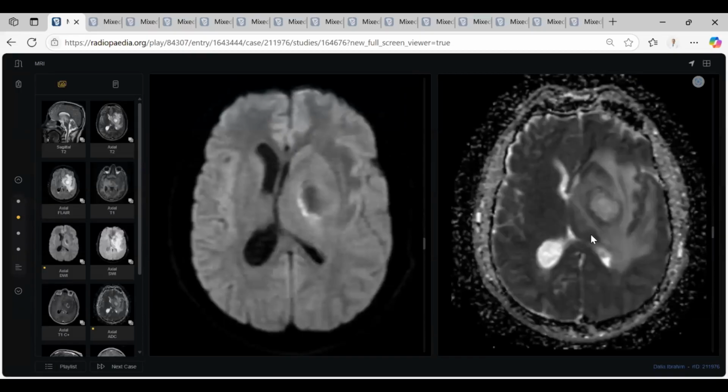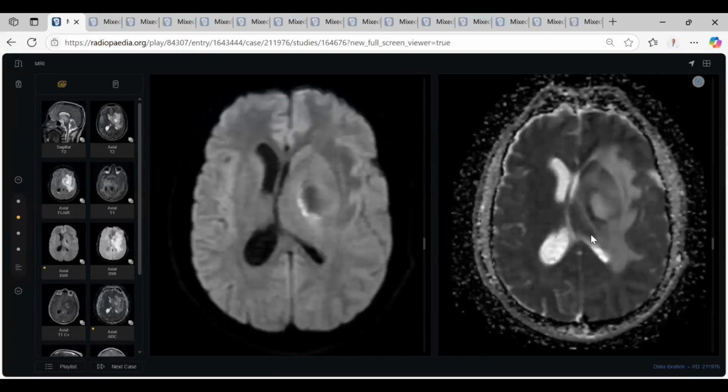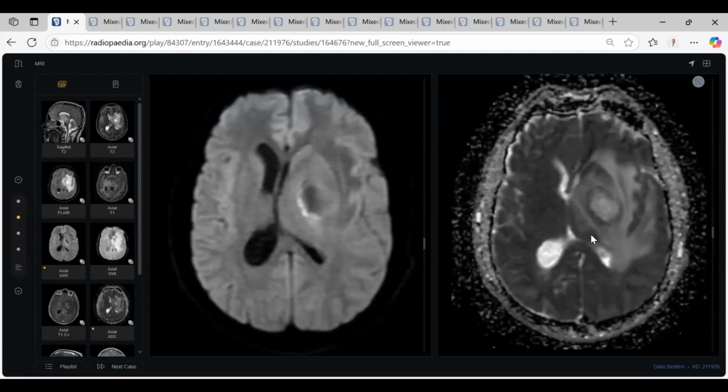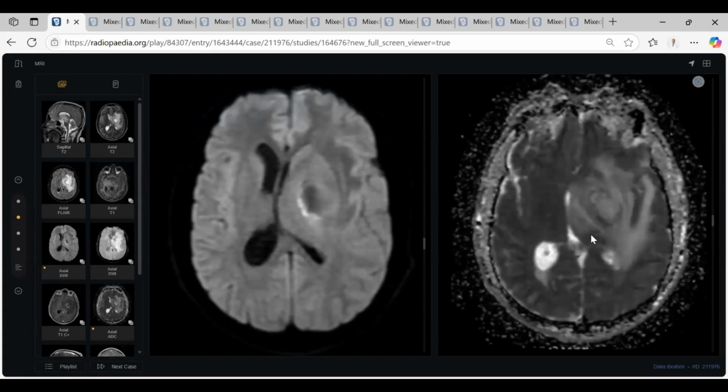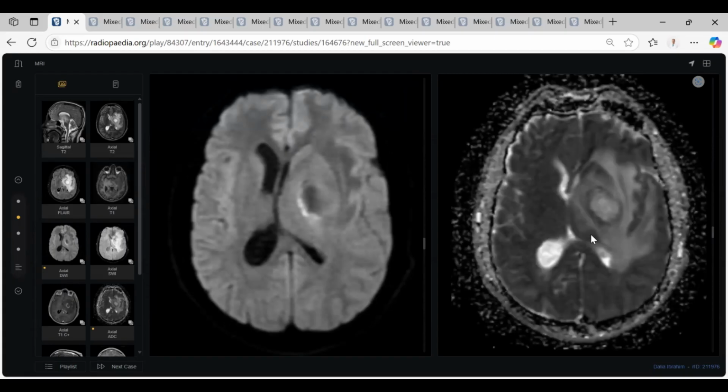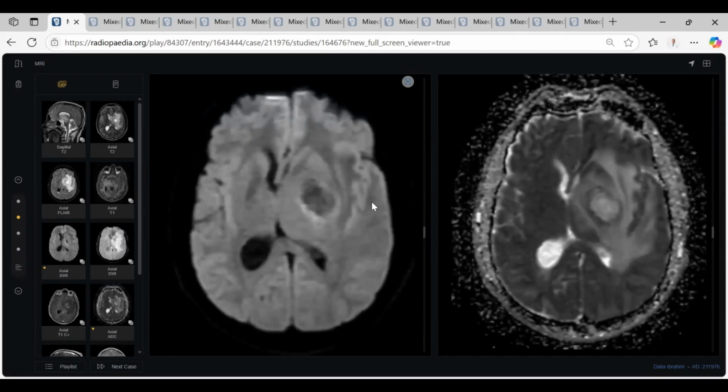I can see that there is evidence of restricted diffusion within the lesion. However, the rim appears iso-intense. Which part is restricted?